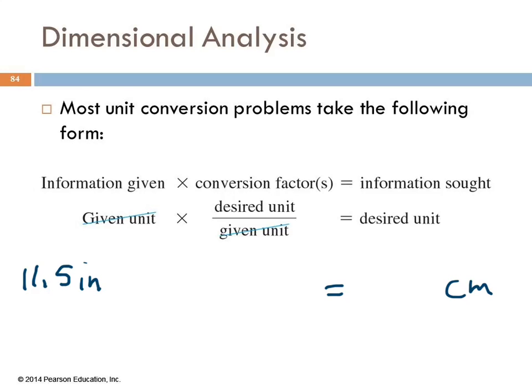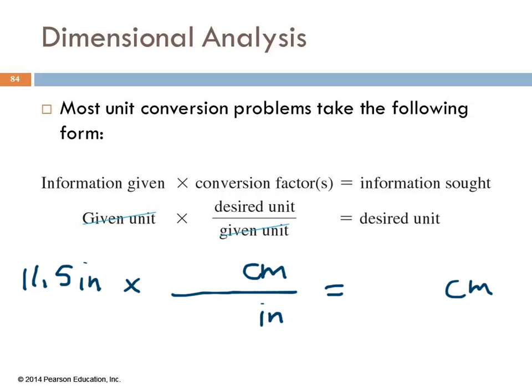So inches is the information given, and they're asking us how many centimeters. We need to apply a conversion factor. We want to get rid of inches, so inches go on the bottom, and we want to get to centimeters, so centimeters goes on the top.